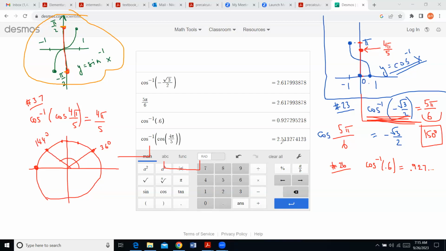So the answer the calculator gives me is not correct because it's in radians. But when I click degrees, it still stays the same. The others change, but I thought it would give you 144 in degrees, and it doesn't.